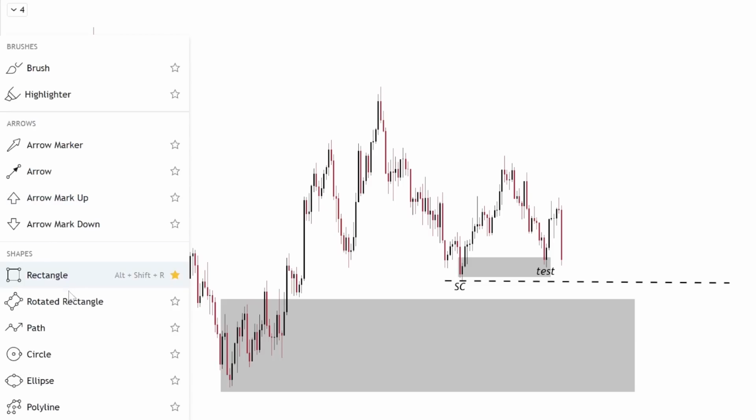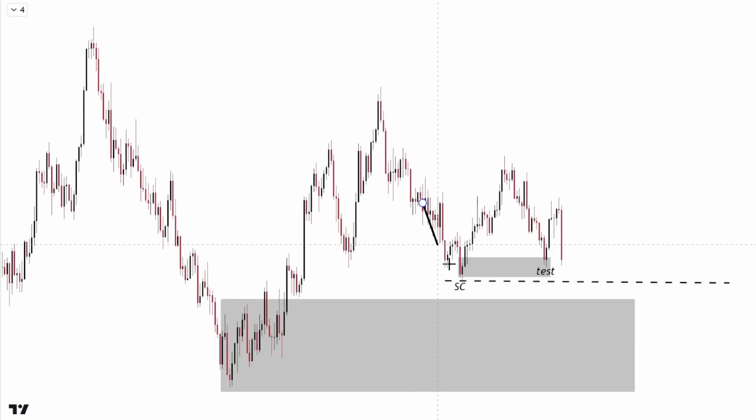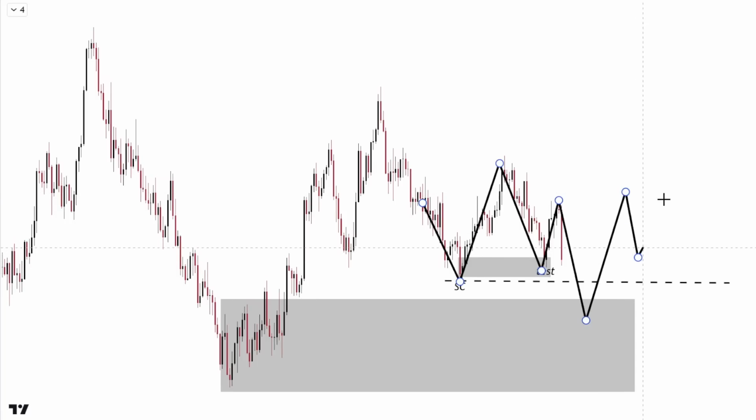As you can see here, the climax and the test both occurred in or around your fair price, which is the middle of the range. But now you're anticipating your purge to occur in your extreme zone.